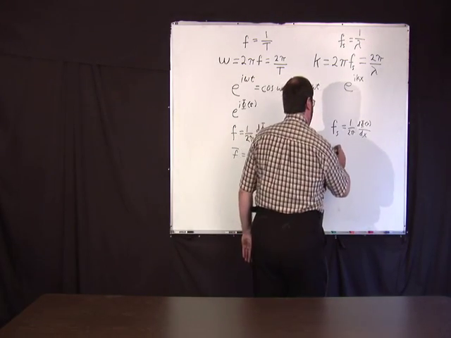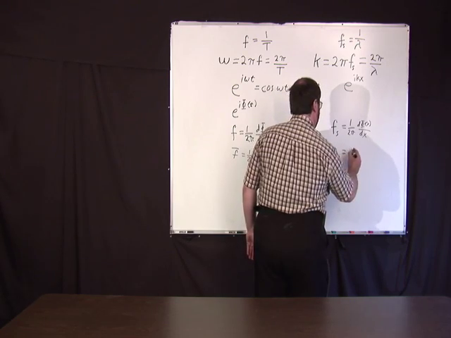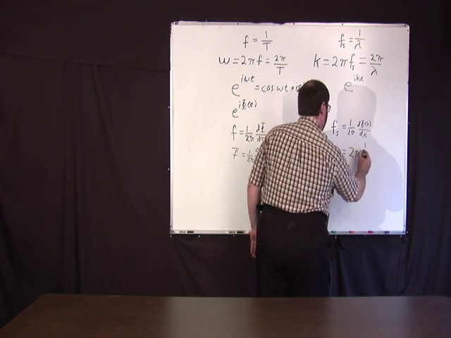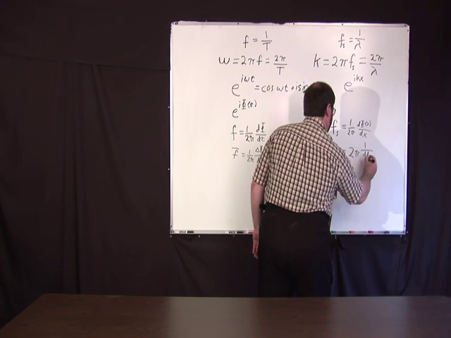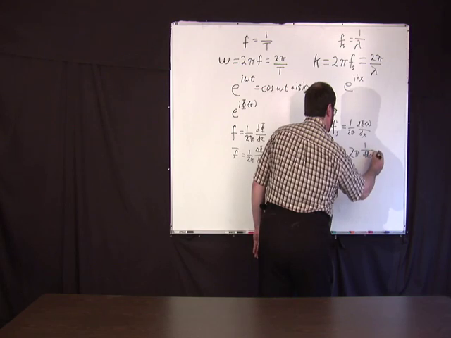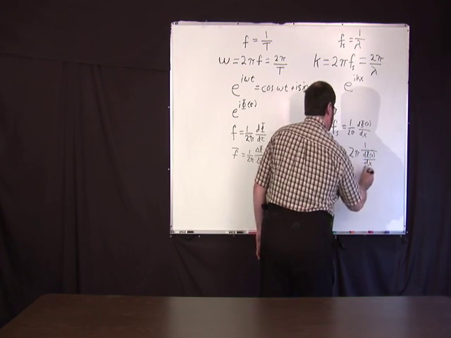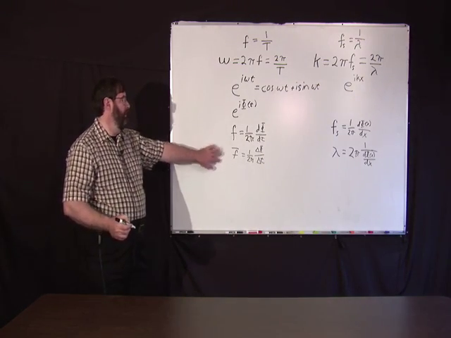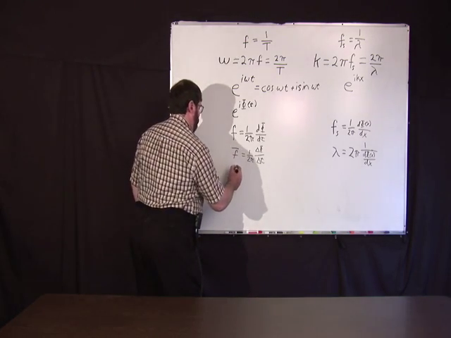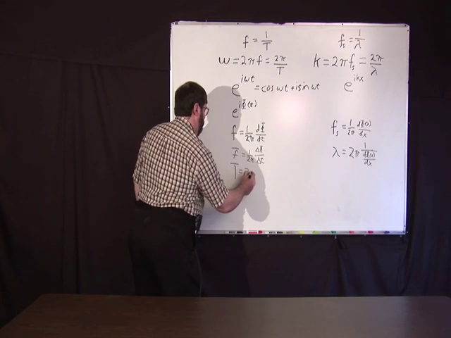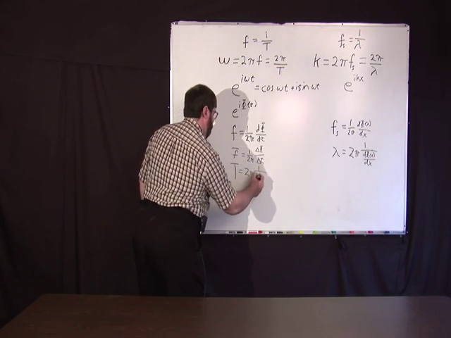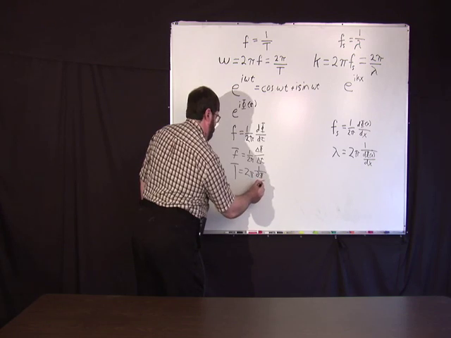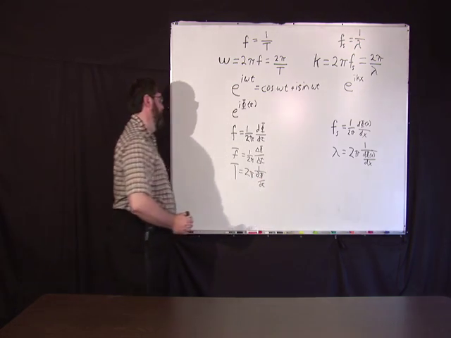So the wavelength is going to equal 2 pi times 1 over d phi dx, the instantaneous wavelength. Just like you could talk about the instantaneous period being 2 pi times 1 over d phi dt.